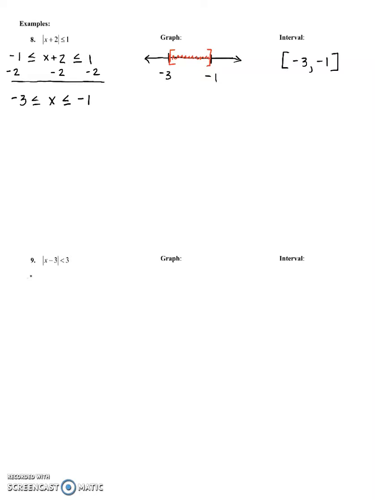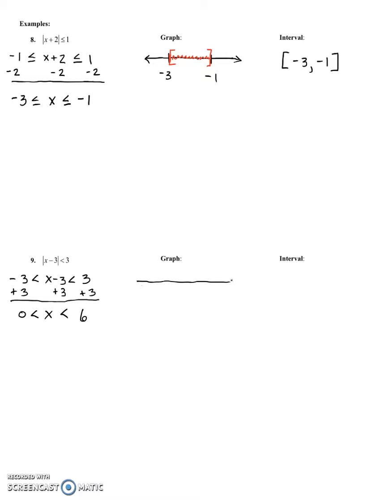Okay, so the absolute value of the quantity x minus 3 is less than 3. So we have -3 < x - 3 < 3. To isolate the x, we need to add 3, which means we have to do it everywhere. So -3 plus 3 is 0, which is less than x, which is less than 3 plus 3, which is 6.